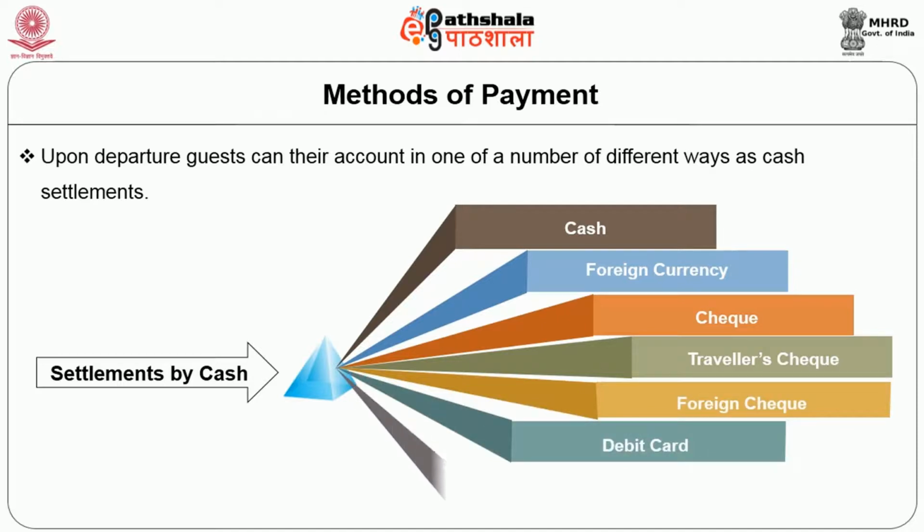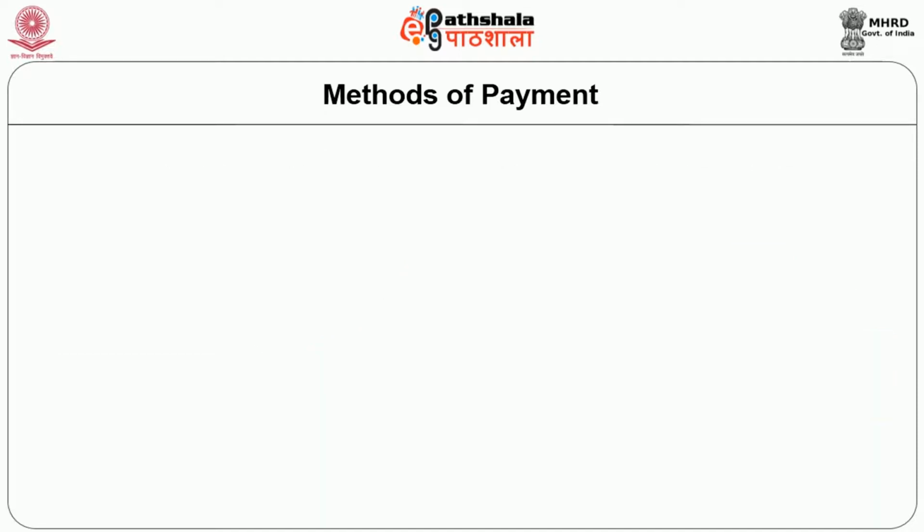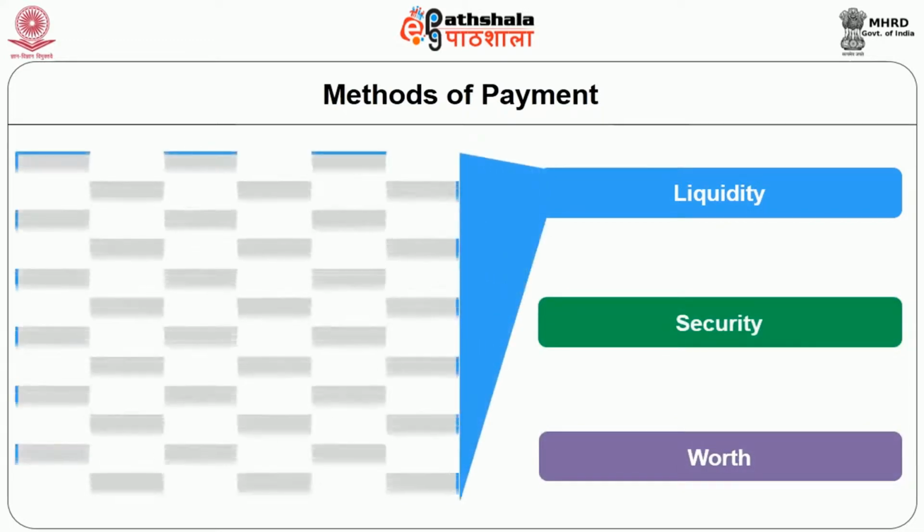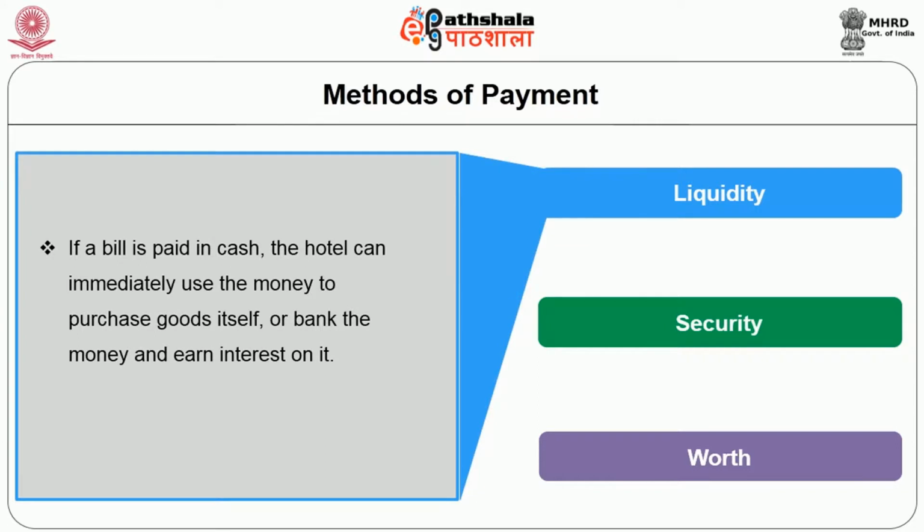In dealing with each of these methods of payment, the hoteliers must assess the impact of three major factors, namely the liquidity, security and worth of these transactions. When we look into liquidity, if a bill is paid in cash, the hotel can immediately use the money for other purposes for which the expenditure has to be met, to purchase goods for example, or bank the money or earn interest on it, and so on.